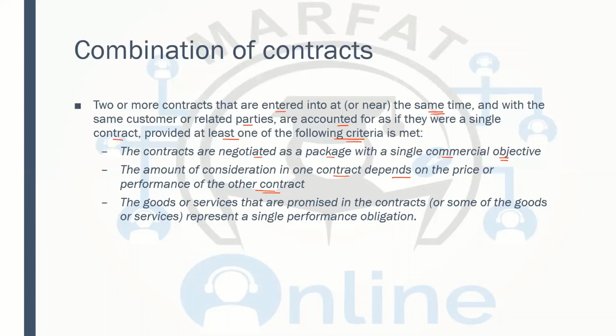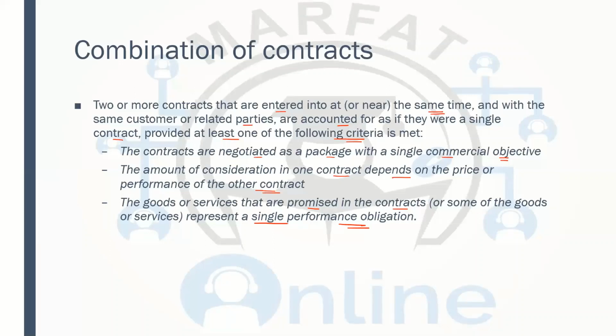The goods or services that are promised in the contracts represent a single performance obligation. That means when the vendor is fulfilling the responsibility, that work will be done simultaneously. So if any of the points is met, then we will be treating many contracts as a single performance obligation because they are linked to one another. Sometimes you go and buy goods and say, okay, I'm going to buy this, this, and this as well, but right now you should deliver me this and deliver me these products later on.